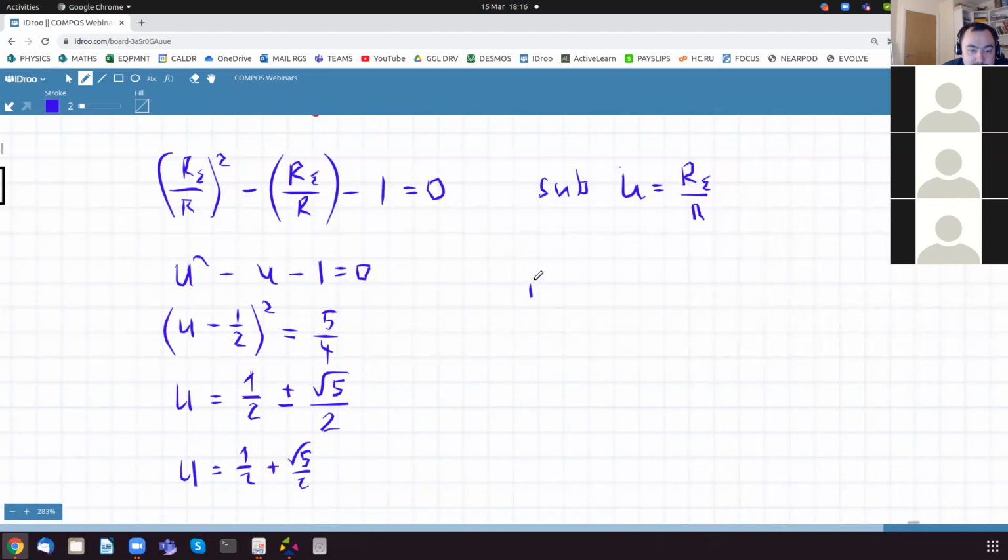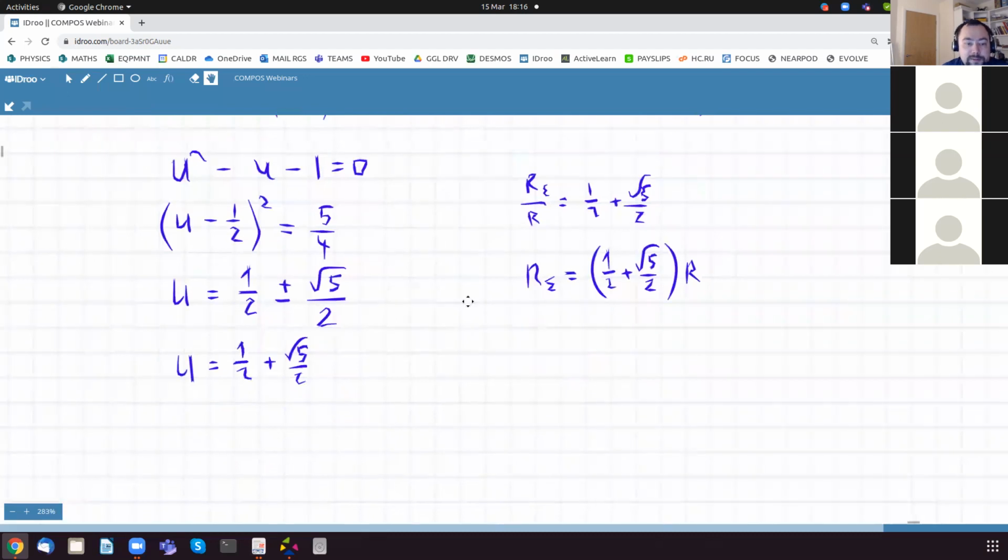And then we reverse substitute. So R sigma divided by R is equal to a half plus square root of 5/2. So R sigma is a half plus square root of 5/2 R. And that's it. That's the answer.